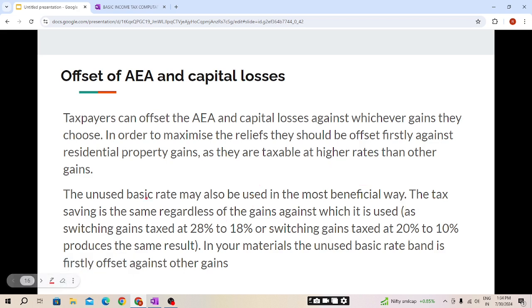Let's take an example. The unused basic rate band may also be used in the most beneficial way. The tax saving is the same regardless of the gains against which it is used, as switching gains taxed at 28% to 18% or switching gains taxed at 20% to 10% produces the same result. Because students, here the percentage of saving is 10%.